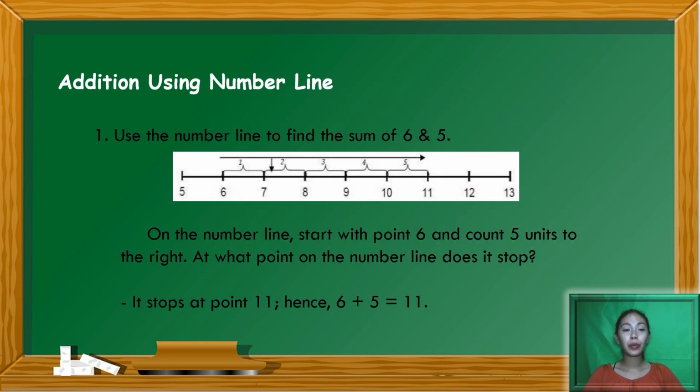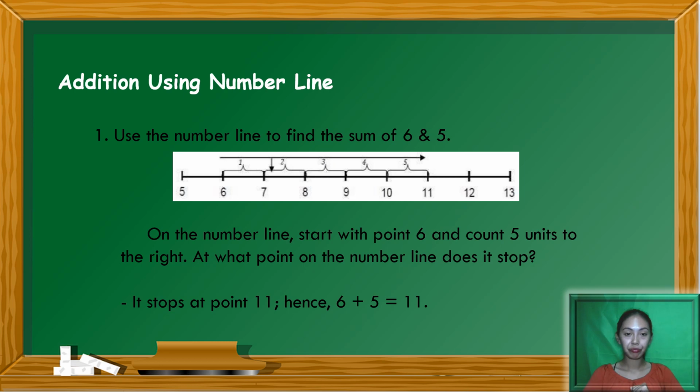Now we will use the number line in adding numbers, so that it will be easier to understand. We will make an illustration of this one. We will use the number line to find the sum of 6 and 5. Remember, 6 is positive and 5 is positive.